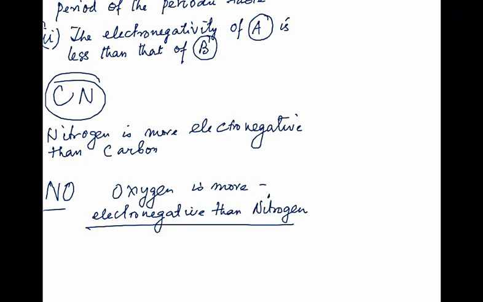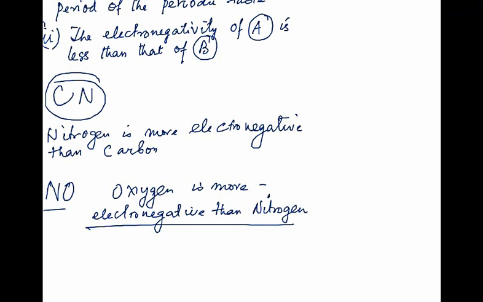Now since both of those atoms belong to the second period, we can say that each of them has 2s, 2px, 2py and 2pz orbitals.